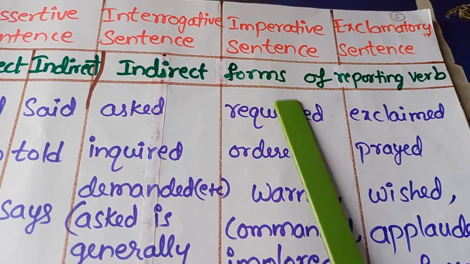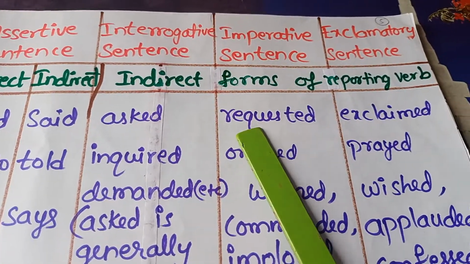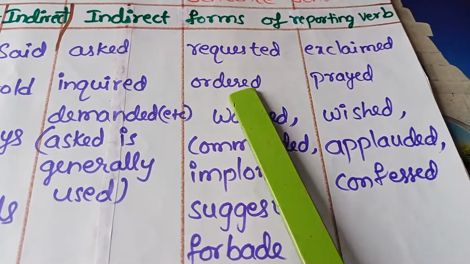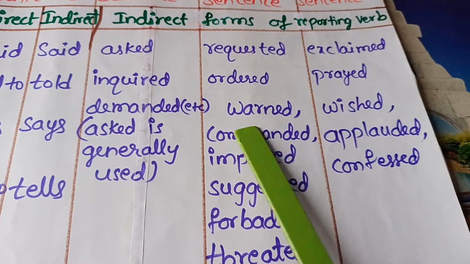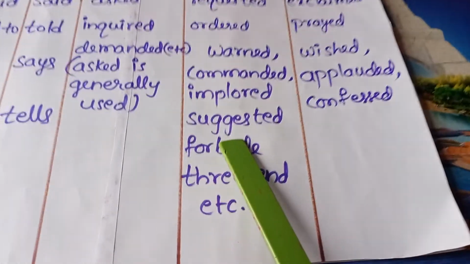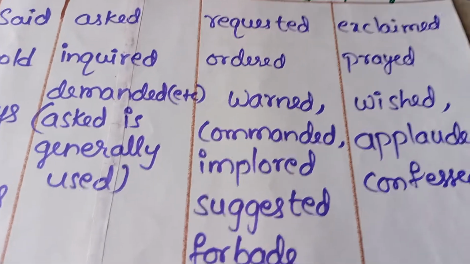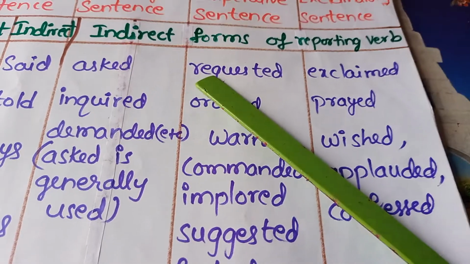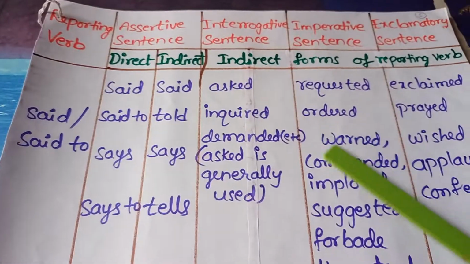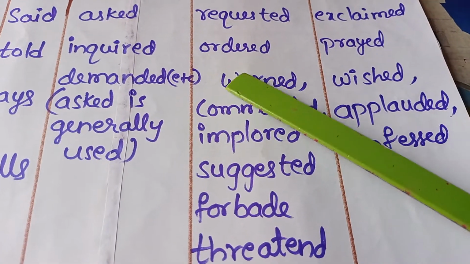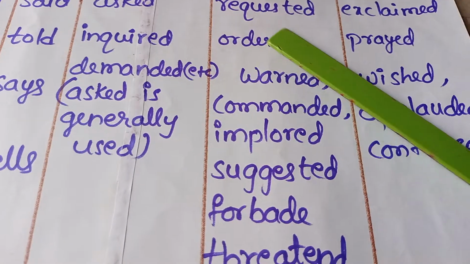In imperative sentences, the reporting verb said is changed according to the sentence. We have to use requested, ordered, warned, commanded, implored, suggested, forbade, threatened, etc. We have to read the sentence and use these verbs according to the mood of the sentence, either request or command.